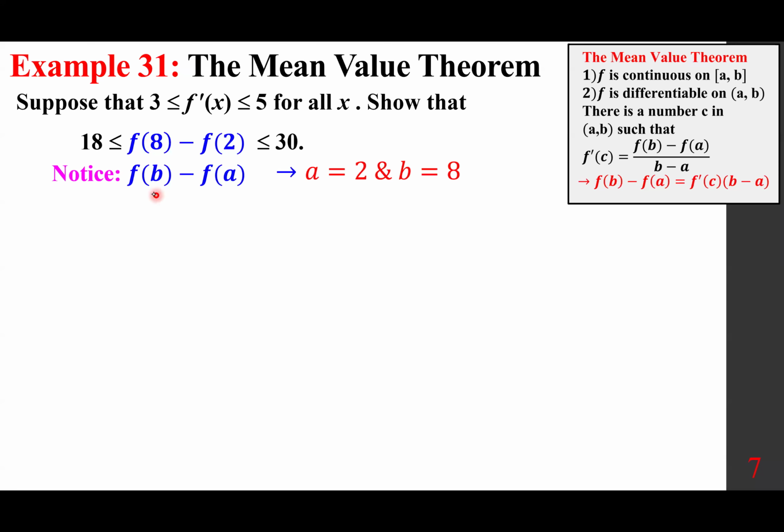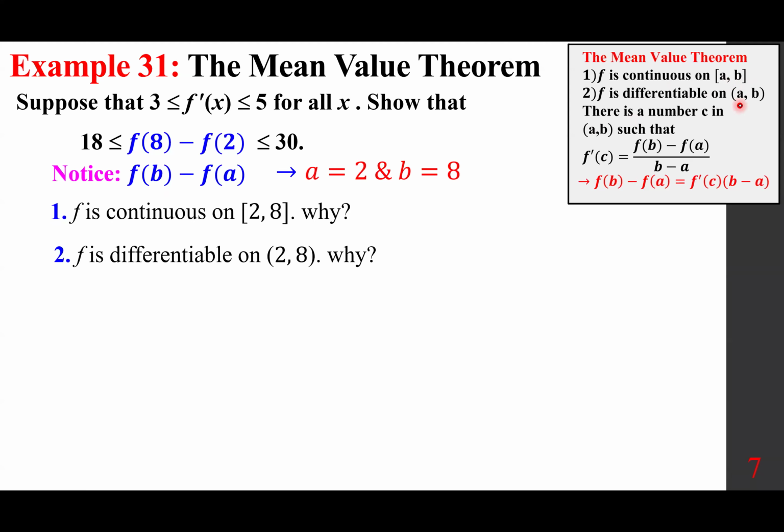It's a matter of comparison. So f must be continuous in the closed interval of a to b, differentiable in the open interval of a to b. And why is that? Because they said so.